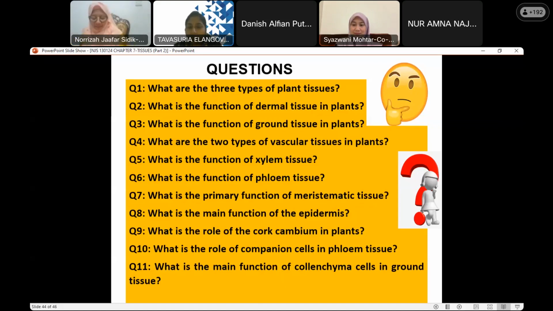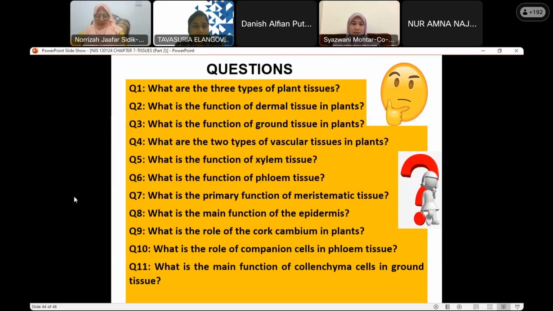Okay, it provides the energy, the nutrients, the metabolic support. They provide metabolic support because companion cells have many mitochondria, and they help in loading and unloading of sugars in the sieve tubes.